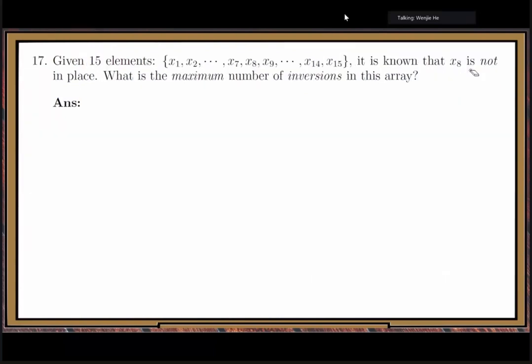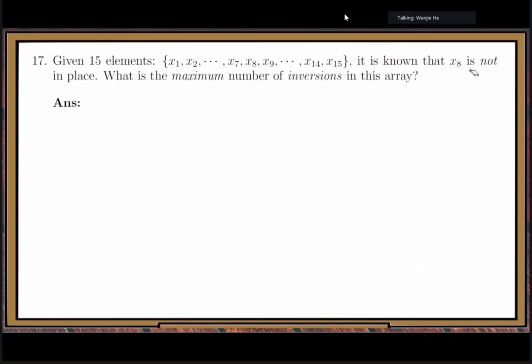Number 17. Given 15 elements, it is known that X8 is not in place. So you know the meaning, right? If we sort this array, then X8 cannot be in its right place.